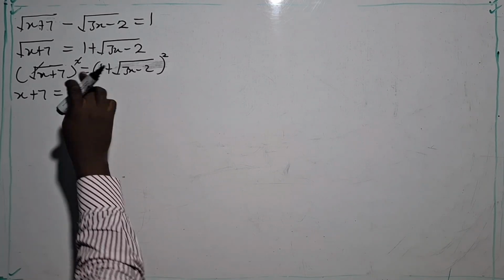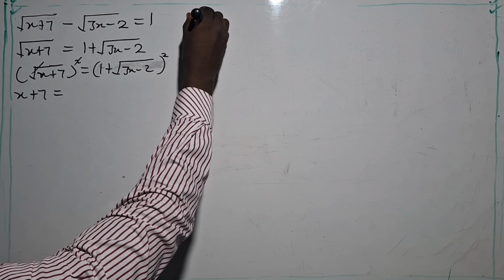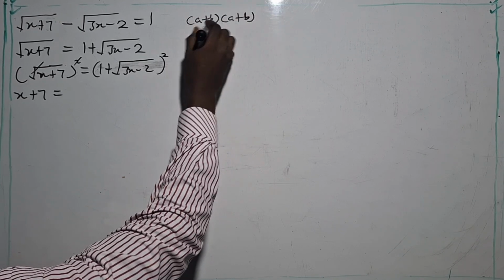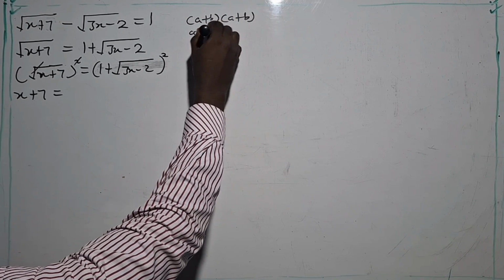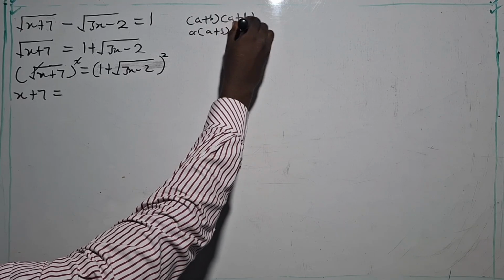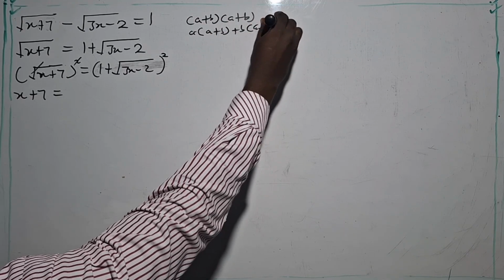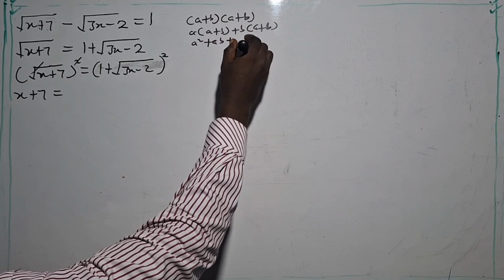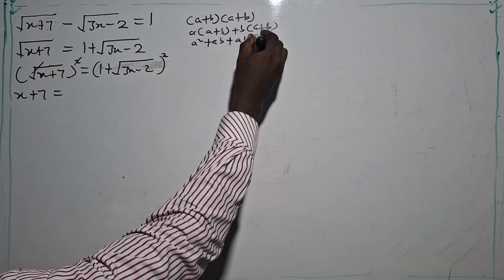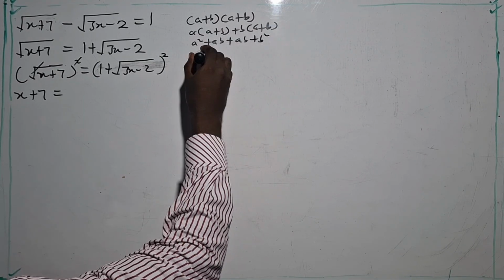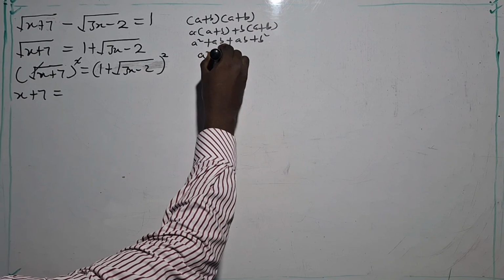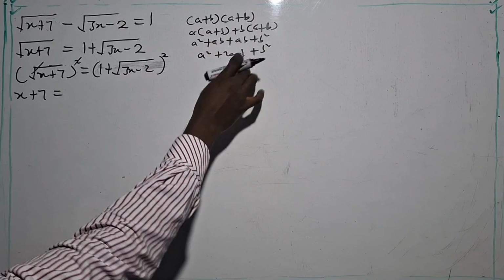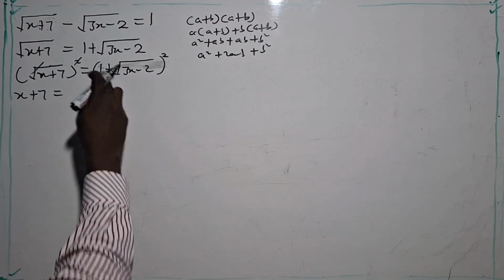But when you see here, here is having addition. So this looks like a plus b squared, for which when you expand, you get a plus b times a plus b, for which you get here a squared plus ab plus ab, then plus b squared, for which it will give us a squared plus 2ab plus b squared. So this is going to be expressed because of the addition sign.